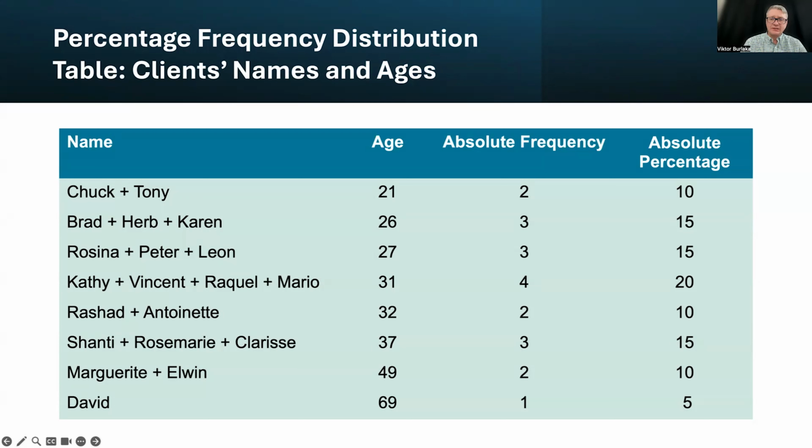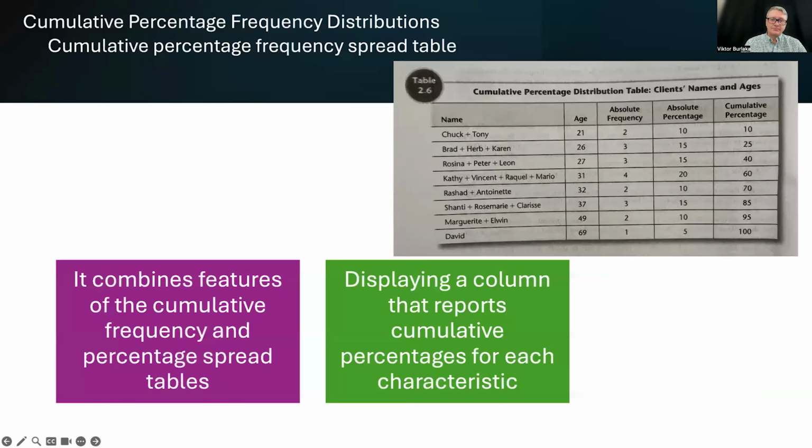The absolute percentage column calculates each group's proportion of the total number of clients. For example, the 4 clients aged 31 make up 20% of the group. By converting frequencies into percentages, we can better compare categories and understand the relative distribution of ages among clients.